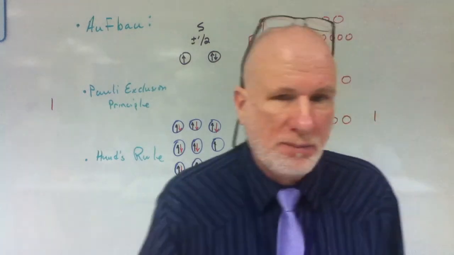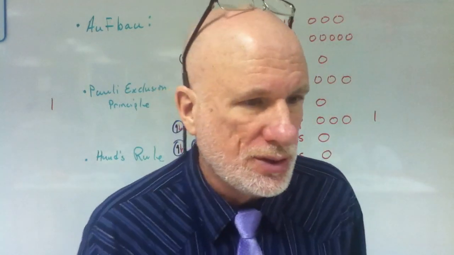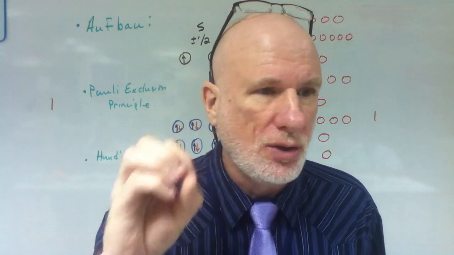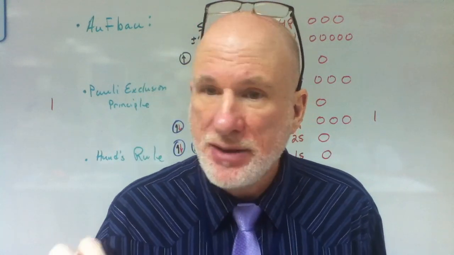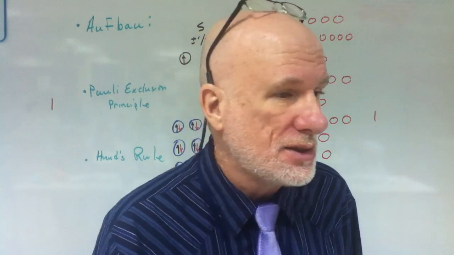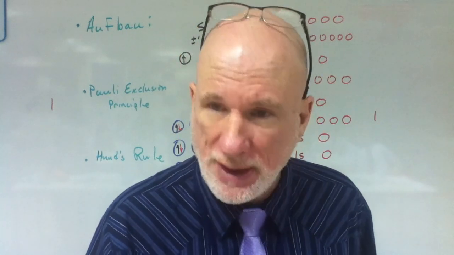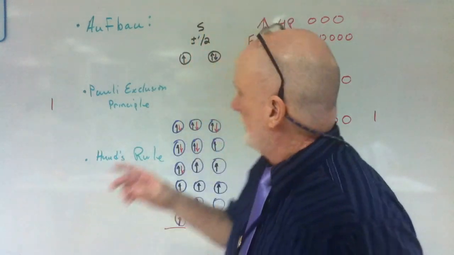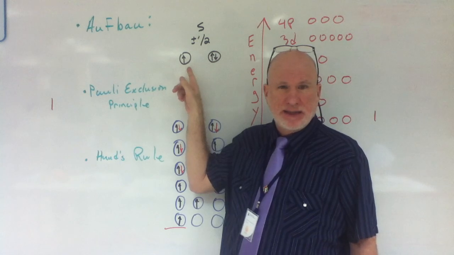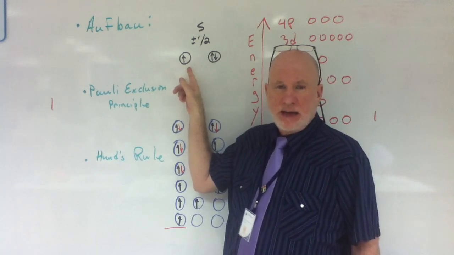And Pauli's exclusion principle says that those spheres can only contain 2 electrons, and those electrons must have opposite spin. We assign the spin plus 1/2 and minus 1/2. So you have only 2 electrons. If 1 electron is in there, it has a spin, obviously.